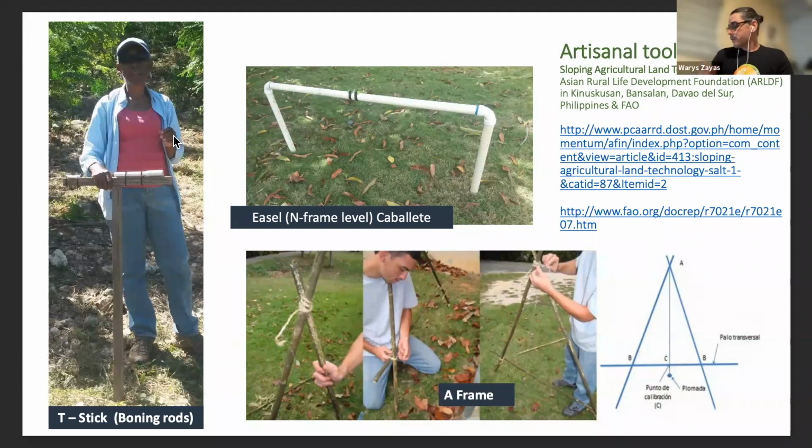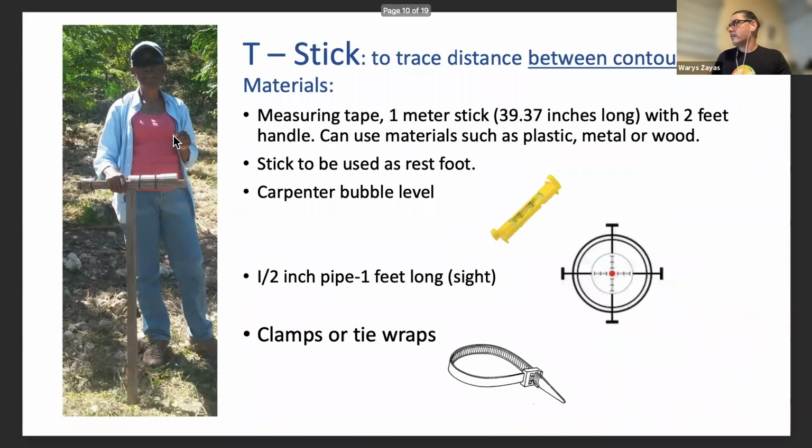So okay, let's start talking about the T-stick or the boning rod. The last one I built was for less than $10.